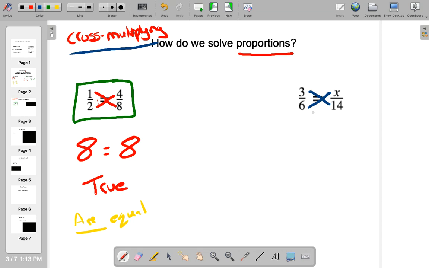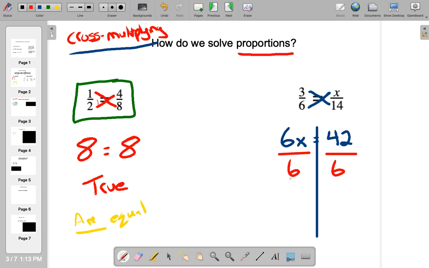For example, this time I'm going to do 6 times x. We don't know what x is, so we just write 6x. And we do 3 times 14, which is 42. And we now have a linear equation. And we've worked with linear equations before. Just like we've always done, we need to divide both sides by 6 because we want that x to be 1x or alone.